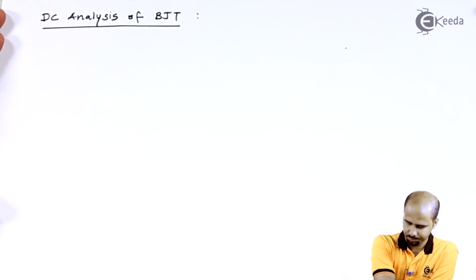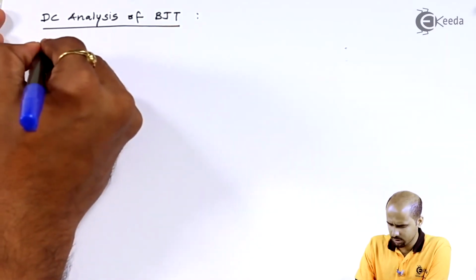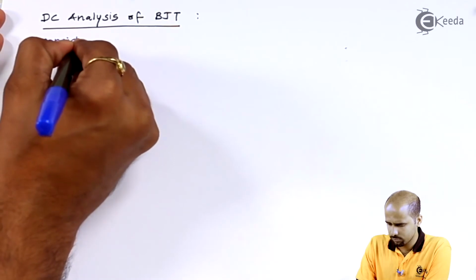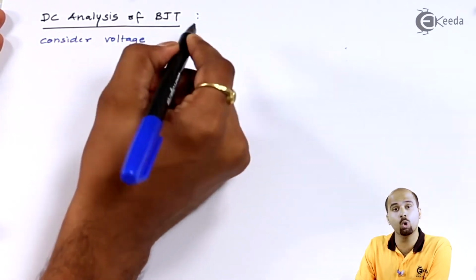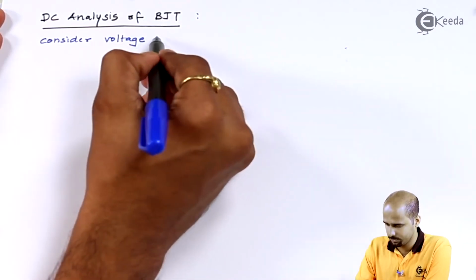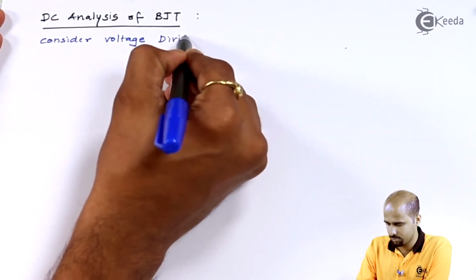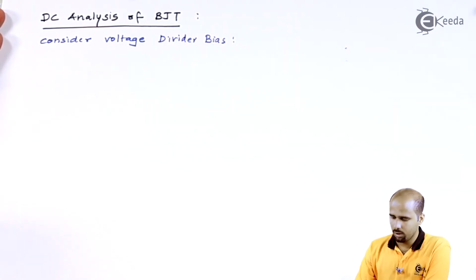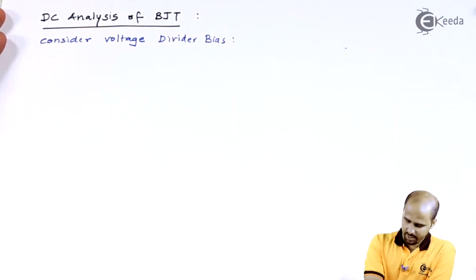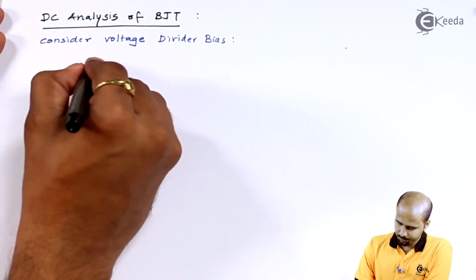We have considered voltage divider bias because I want a more stable system. For voltage divider bias, we will draw a circuit.